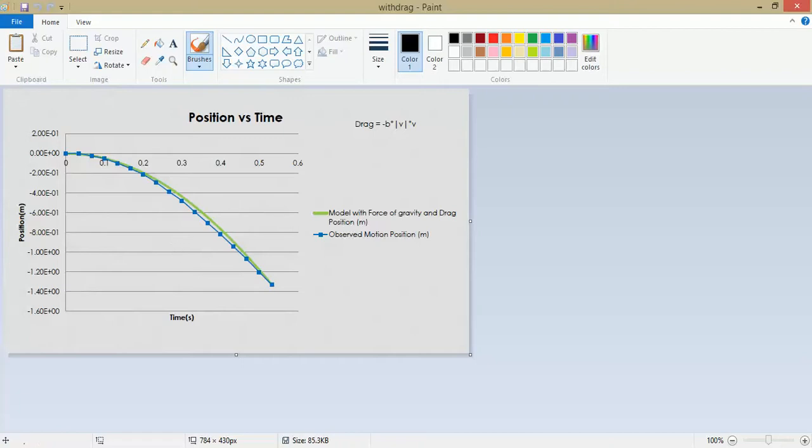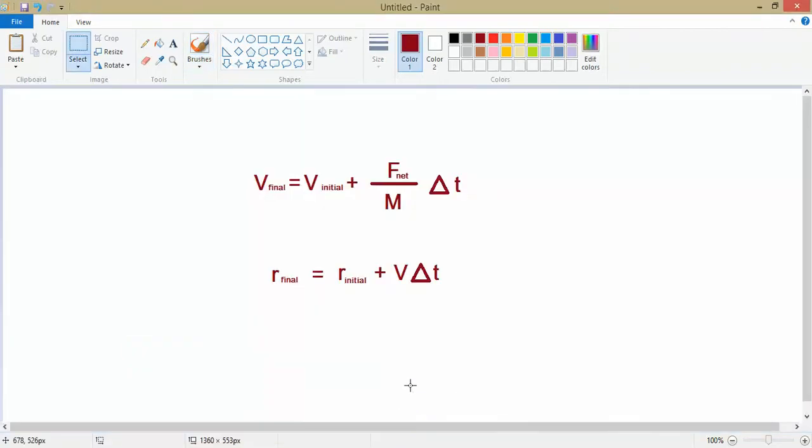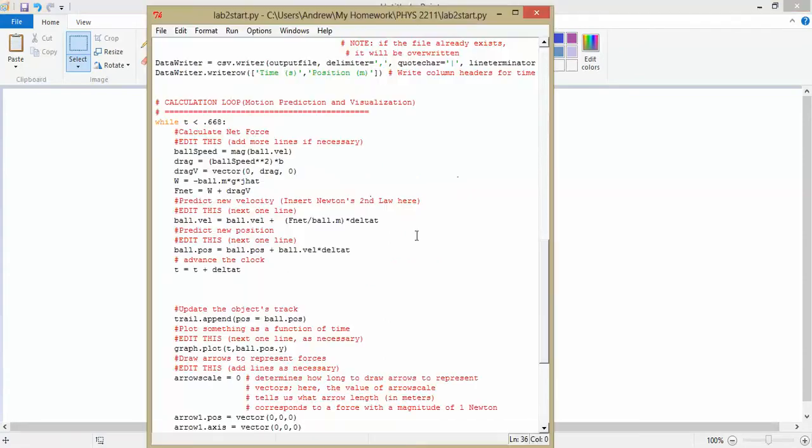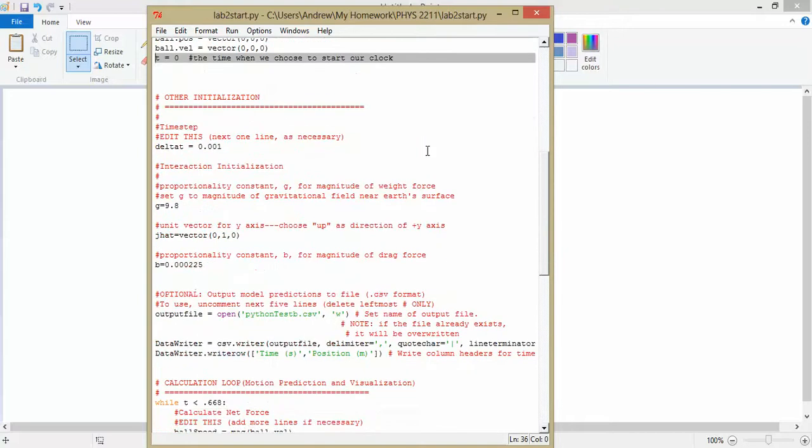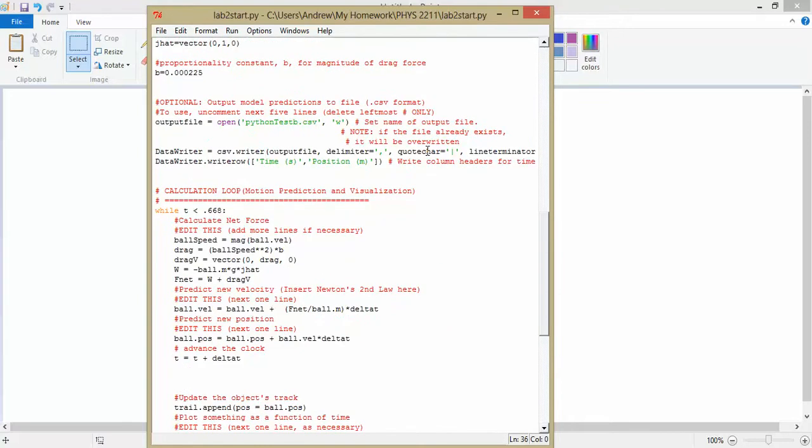So I had to find the mass of this paper ball, and once I had that, I pretty much had all of the data that I needed to make my computational model in VPython. Here it is. Here is my drag.